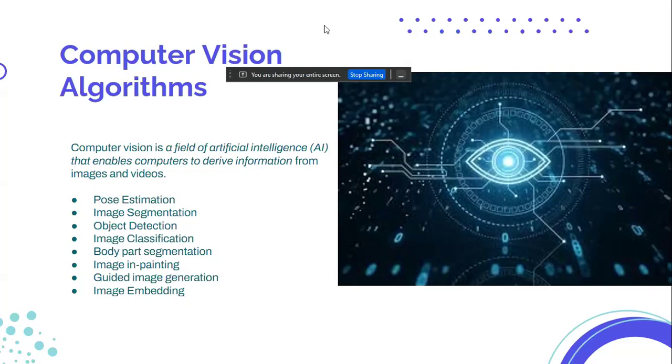Some of the key computer vision algorithms that we'll be looking at today are pose estimation, image segmentation, object detection, image classification, body part segmentation, image inpainting, guided image generation, and image embedding. So don't let these terms scare you. We will go through them bit by bit and have a look at some examples.